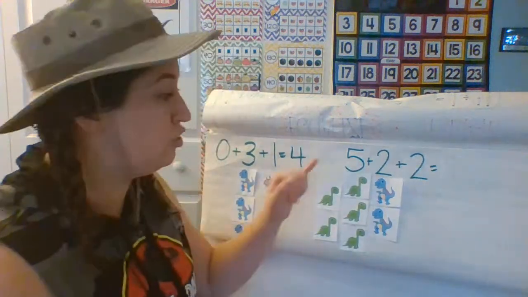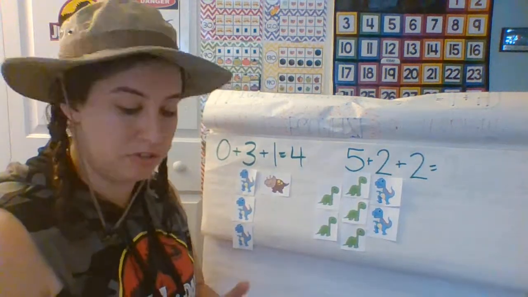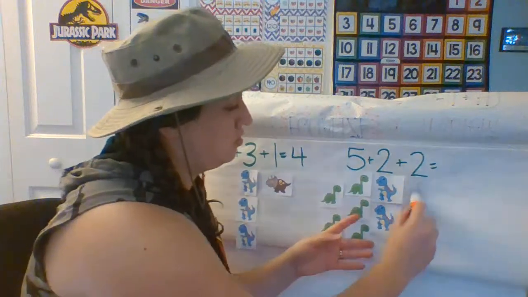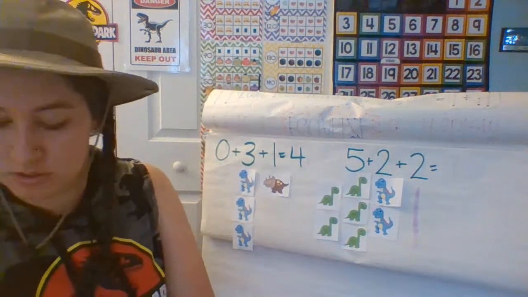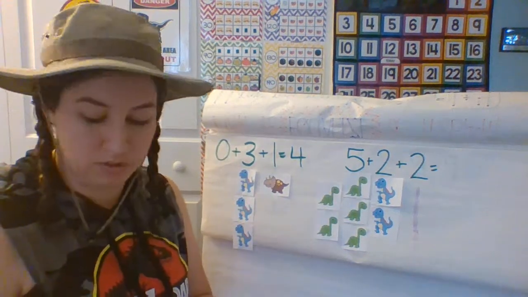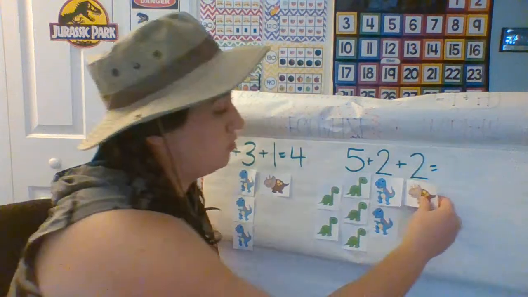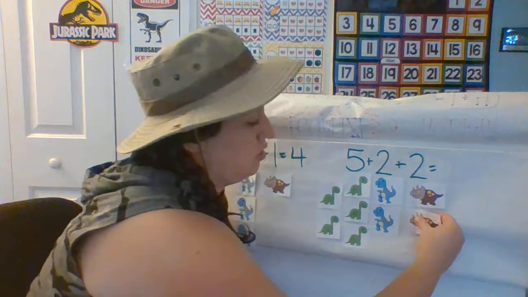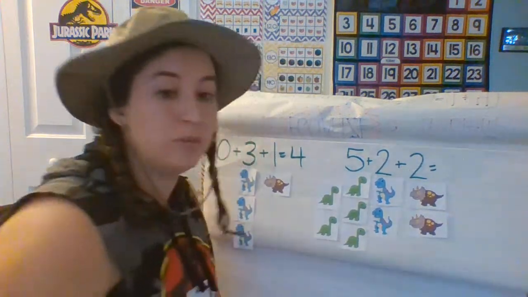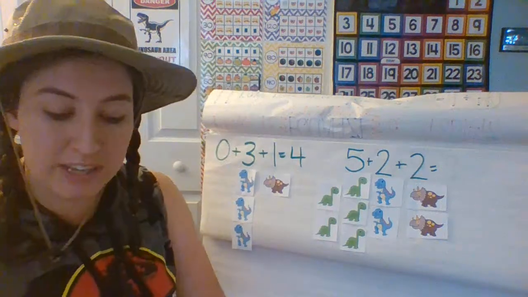Okay, if you're stuck, do the first two numbers first. 5 plus 2. What's 5 plus 2 first? Once you figure out 5 plus 2, add 2 more onto that and you will get your answer.